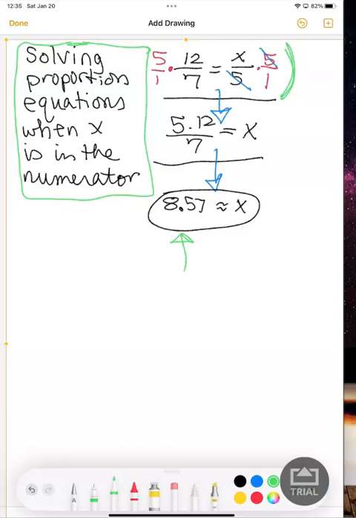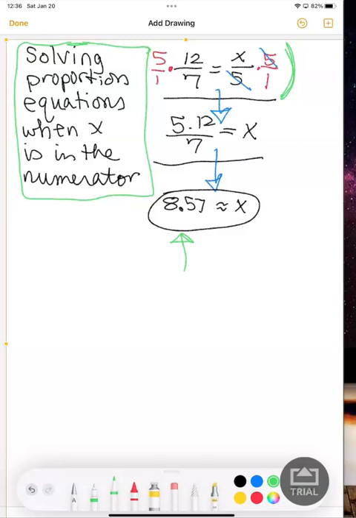So depending on the situation, you might want to round this up to 9 by following the standard rounding rules, but there could be cases where you want to round down to 8, even though you have 0.57. Maybe it's like, how many people would fit in this particular room? So 8.57 would fit. Well, you can't fit that extra 9th person, so you would round down to 8. But that's another issue for another day.